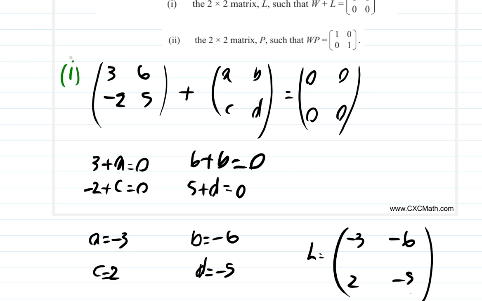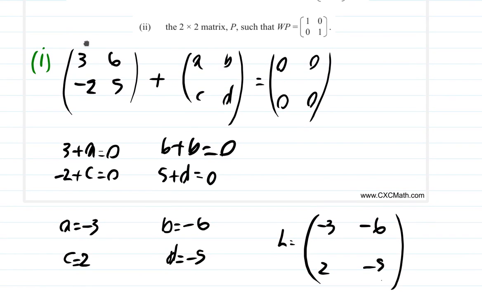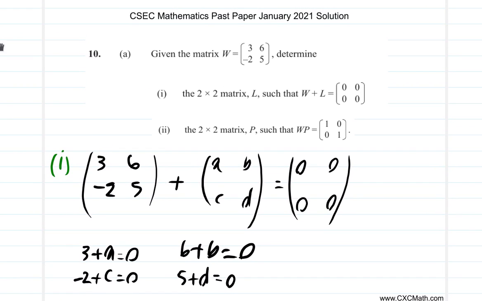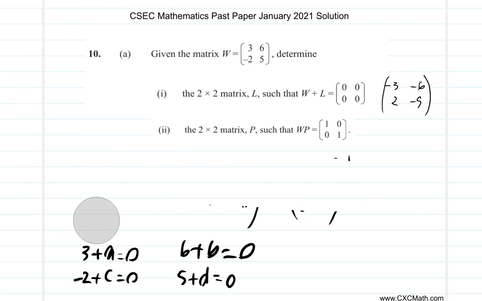Now, let's just put this matrix up there. Negative 3, negative 6, 2, negative 5. That's what we have here. And then, let us work out the next matrix.